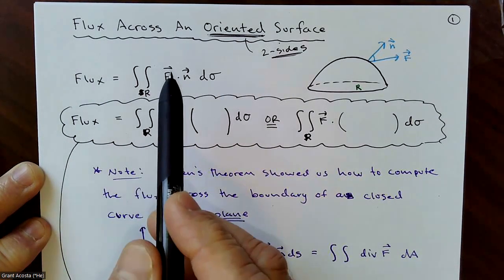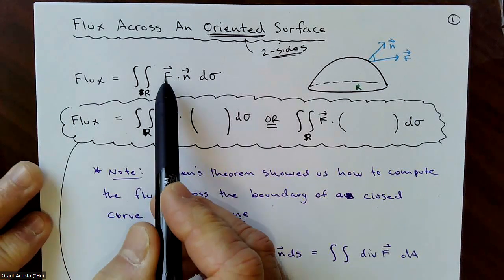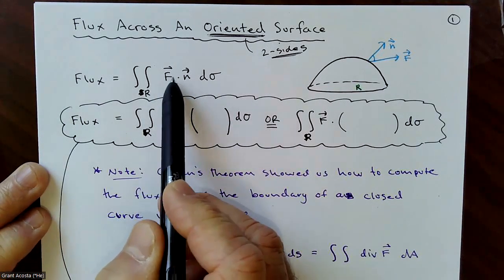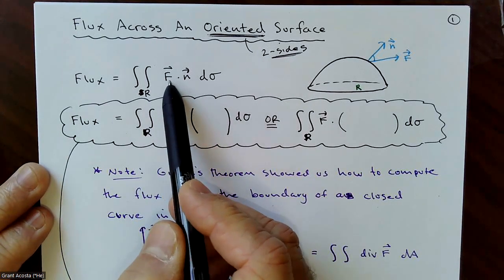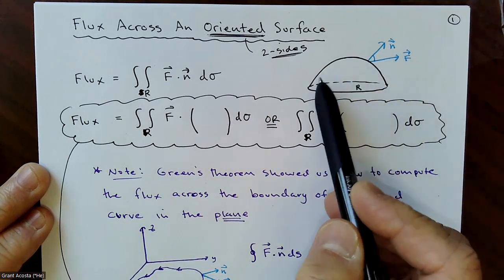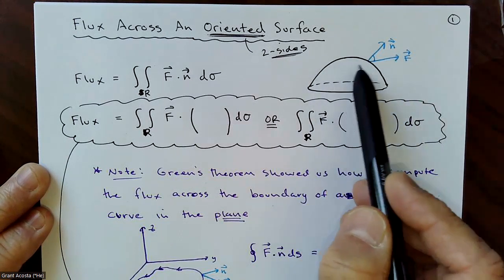So our definition is the same. We want to measure how much of a field, we can think of it as liquid, gas, or electromagnetic field, is crossing over a boundary, but this time the boundary is a surface.